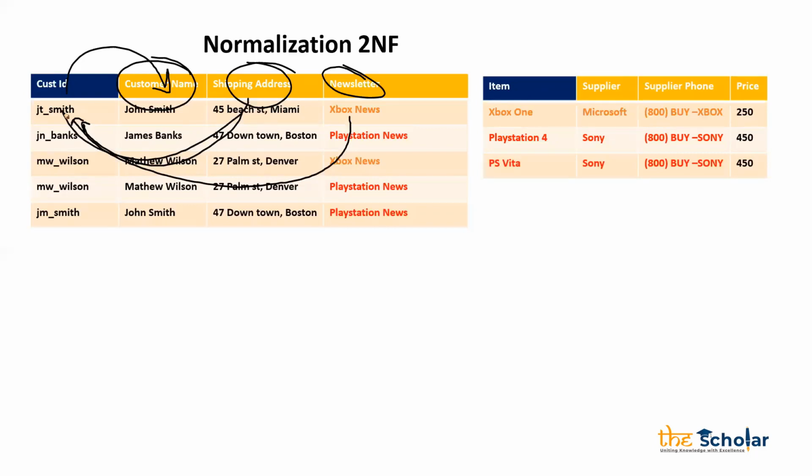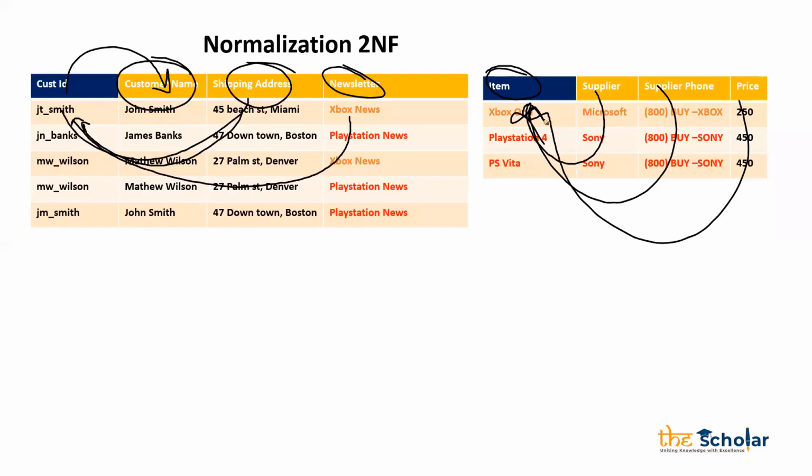And in this table, item is my primary key, supplier is dependent on item, supplier phone number is dependent on item, and price is also dependent on item. Okay.